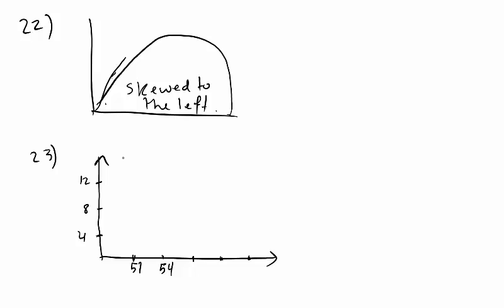So 50 to 52 is 5. This is going to be right here. 53 to 55, the midpoint is 54. We have an 8, so it's going to be somewhere here. And the next one, 56, is 12. It's going to go all the way here.